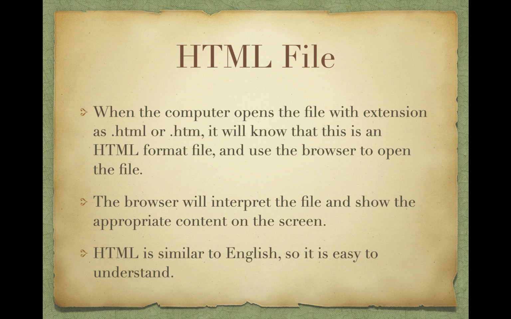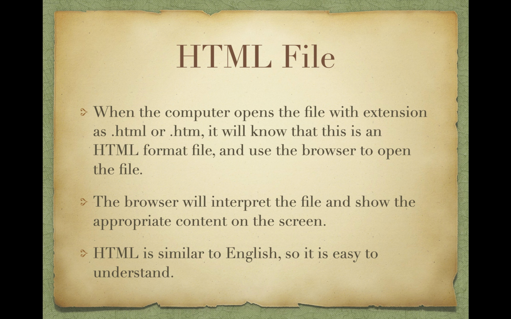So the computer will detect the extension and use the browser to open the file. The browser will interpret the file and show the appropriate content on the screen. The browser will scan the file from the top to the end, and then display the corresponding web components on the screen.